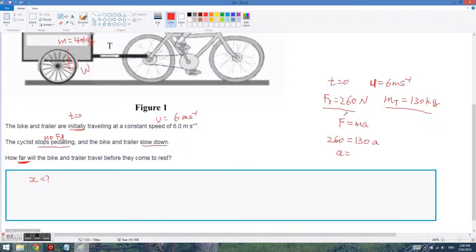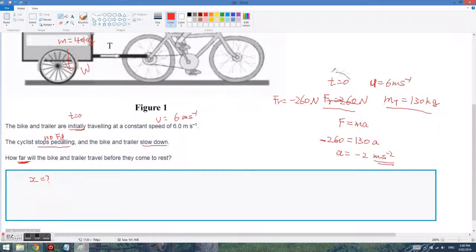On your friction, remember a minus sign. That's really important. I write down there, friction, minus sign. So your acceleration will be minus 2 meters per second squared. Always remember the unit.